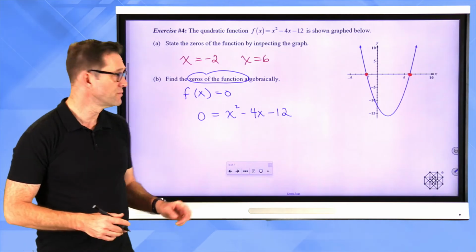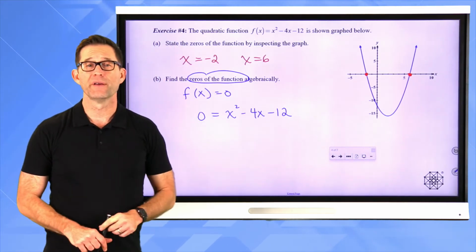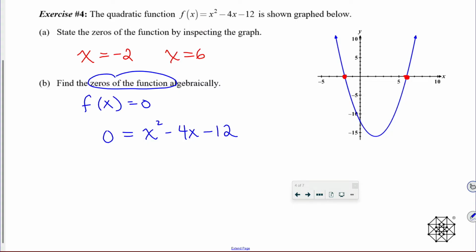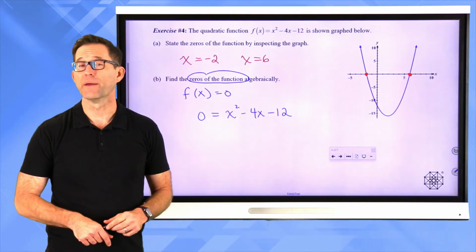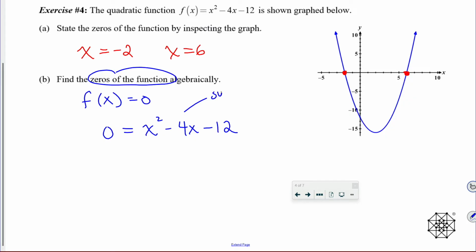Pause the video now, right? Do a simple trinomial factoring on this and solve for the zeros. All right, well, pretty easy, right? If we want to think about sum and product, we have a sum equal to negative 4, and a product equal to negative 12.